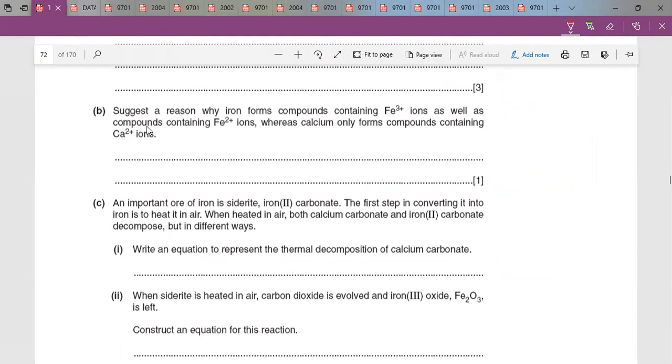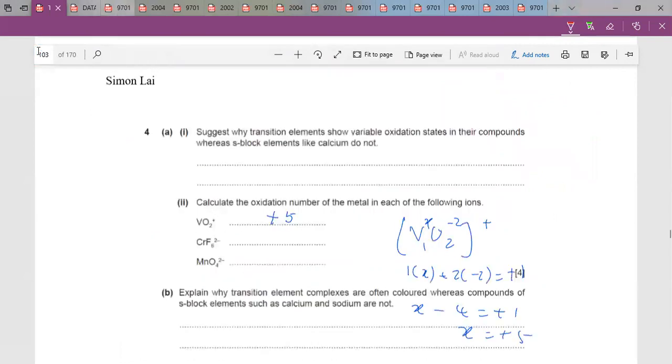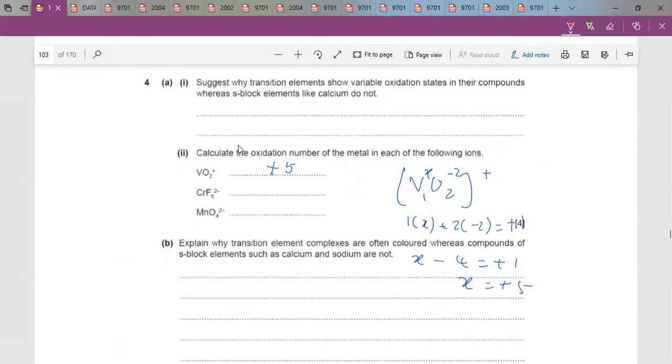Now the other question, of course, is 103, about the same, which I think is better to use to explain. Suggest why transition elements show variable oxidation states in their compounds, whereas s block calcium does not. Here it's about 2 marks, I think.